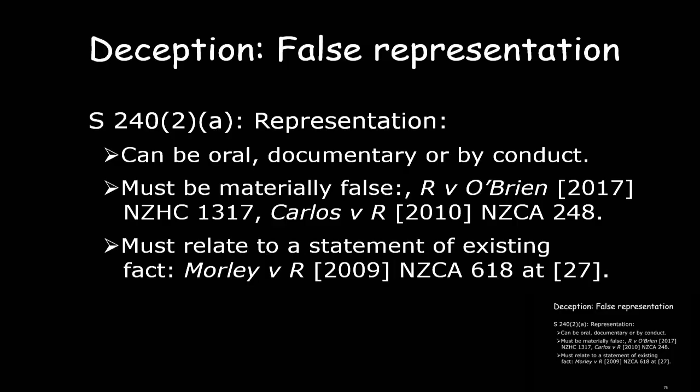Now you've got to remember that what we're talking about here is not someone who ends up not being able to settle on a house and getting sued. We're talking about someone who is being charged with theft, or charged with obtaining by deception.